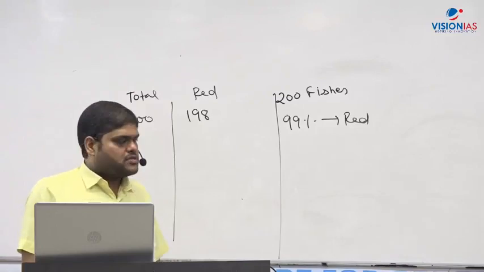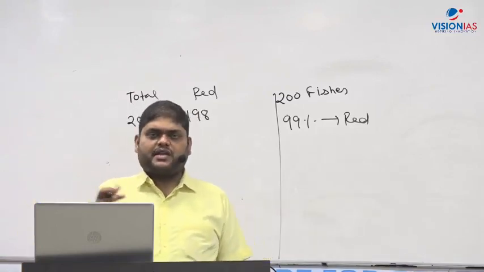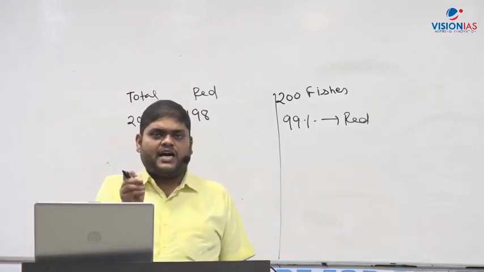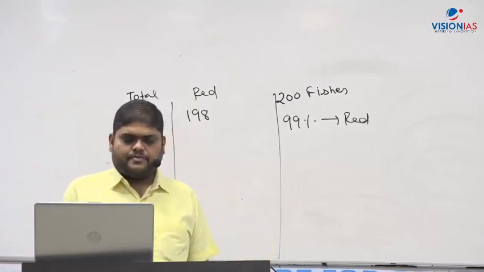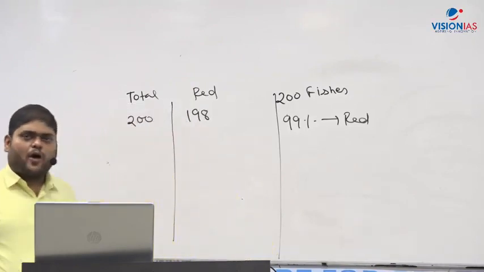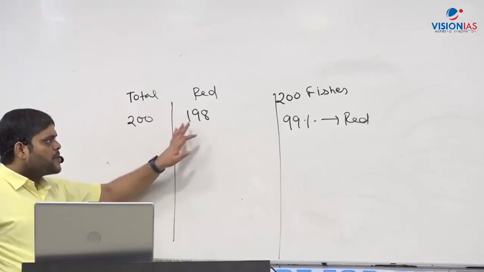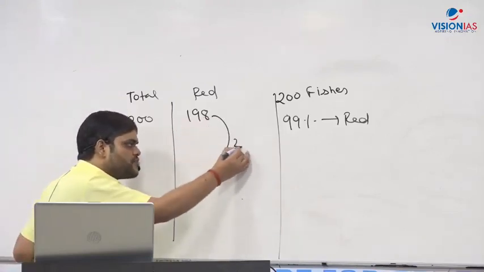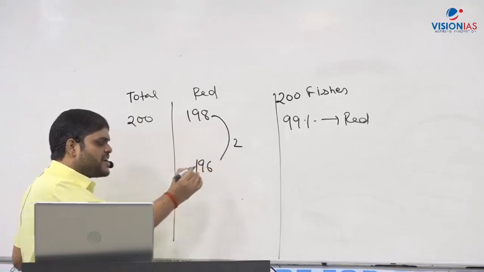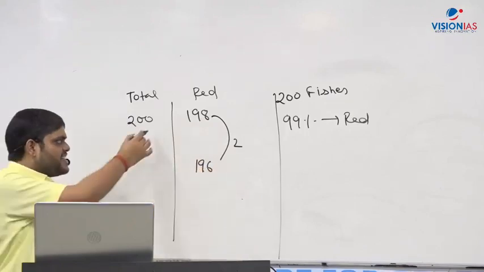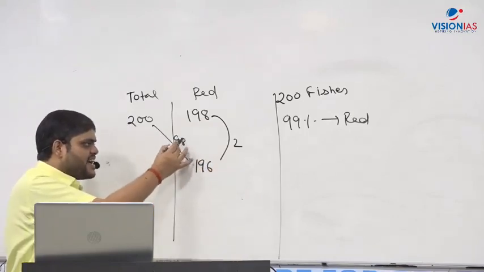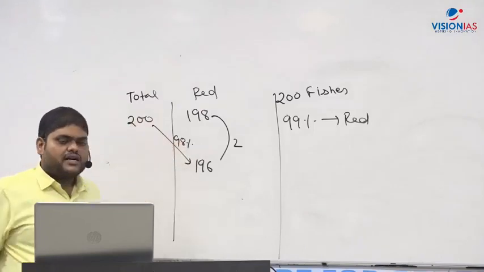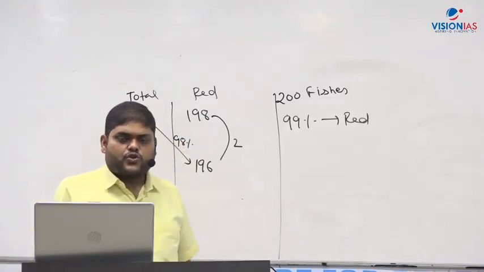The question was, how many red fishes should be removed so that red fish now become 98%? Now what is the problem with our thinking? We will think that I will remove 2 fish from here, they become 196, and now I can say that this is 98% of total.